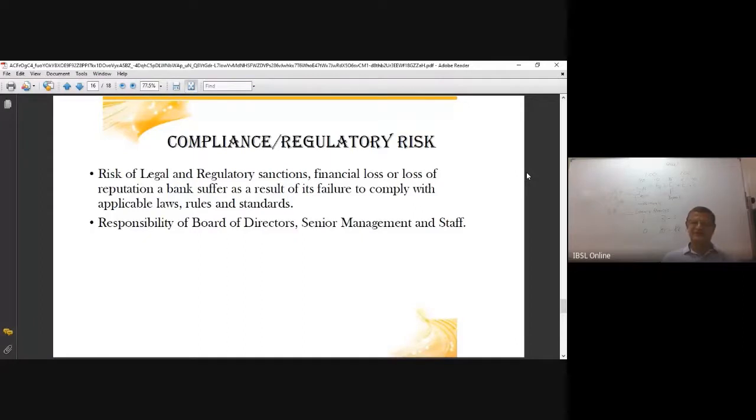So it's a responsibility, they say, of the board of directors and the senior management to make sure those regulatory directions are being followed. Generally, in a bank, under risk management, you have a chief risk officer.